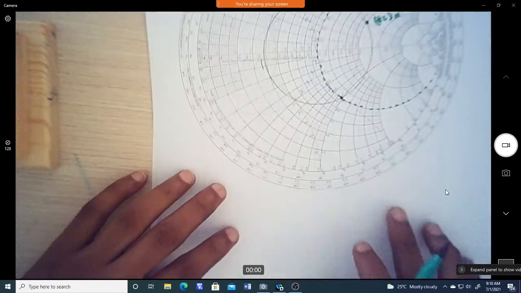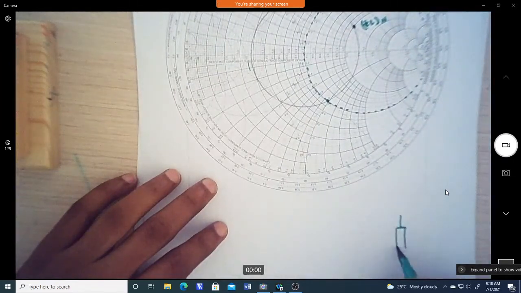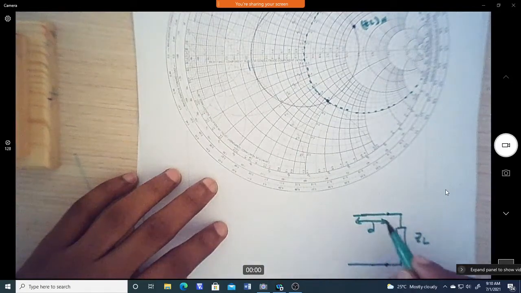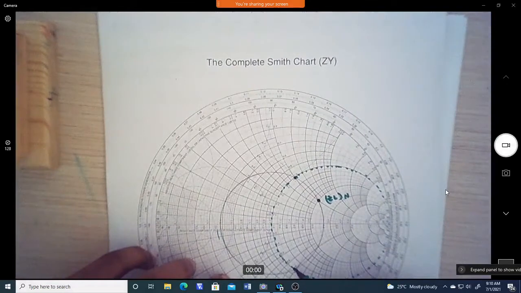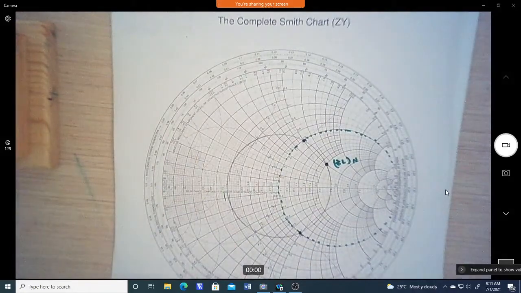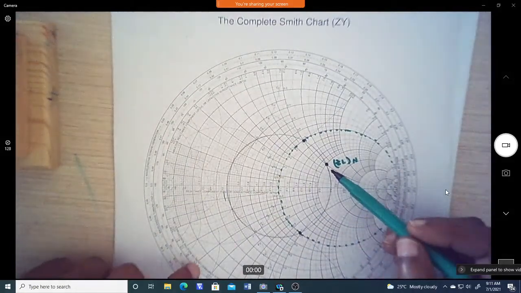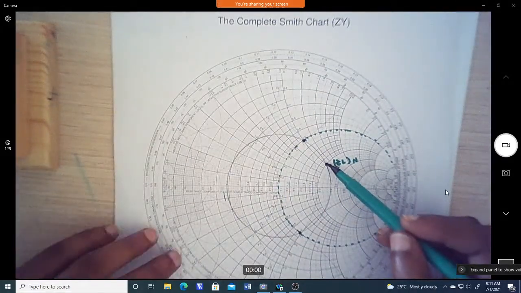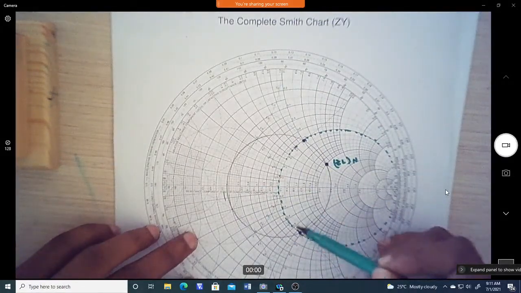Okay, so we have at the load point ZL, and now we need to move a distance in order to connect the stub. So you can see we can move from this point to this point and note down the value of the impedance there. Since we need to design a series open stub, we'll move on to the unity resistance circle.